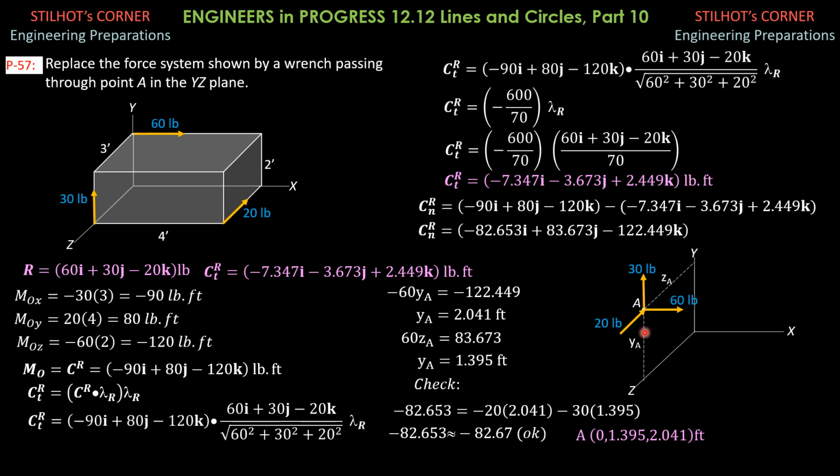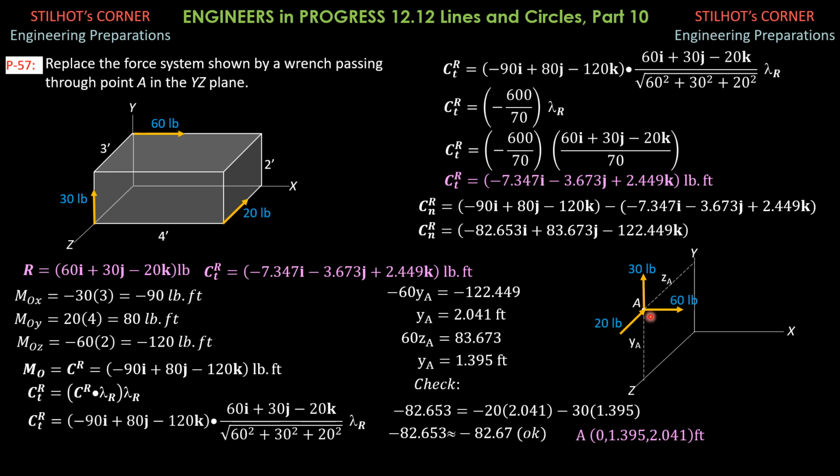Or about the z-axis first, so solve for y sub a. This is the positive sense of moment, but the moment of the 60 pound force is in the negative direction, obviously clockwise here, so it's negative.